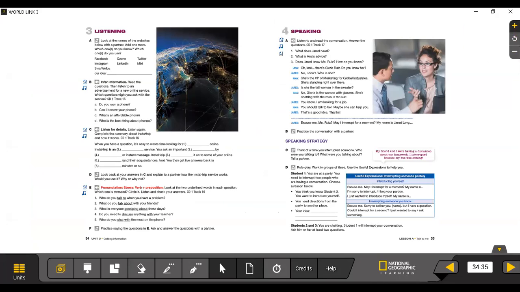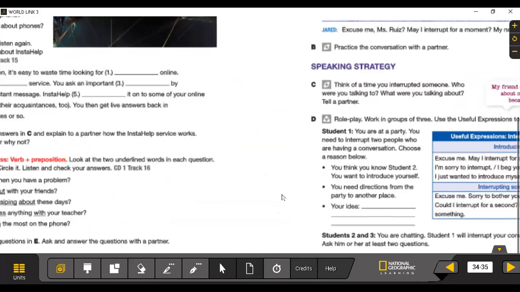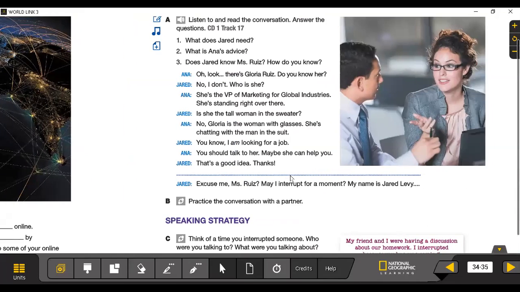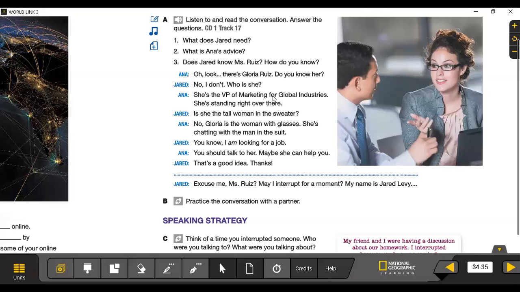Bien, entonces, gramática en contexto. Grammar in context. Look at the conversation between Anna and Jared. They are talking about a person, and the way they talk about this person is by using the grammar that we are studying today. So let's do this part like this. We're going to listen and read at home in order to check the pronunciation. So let's start. Listen and read.